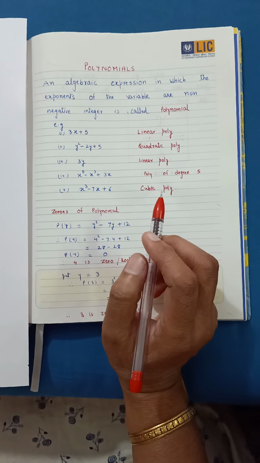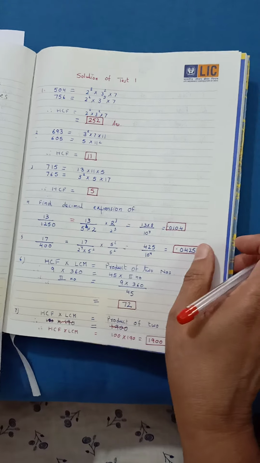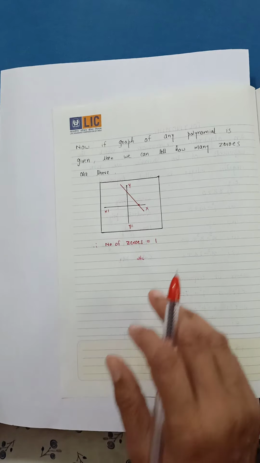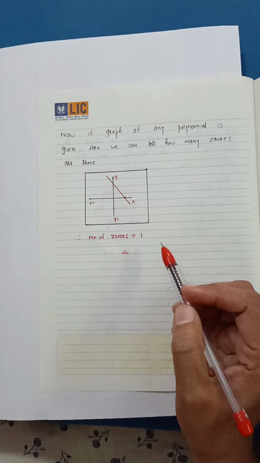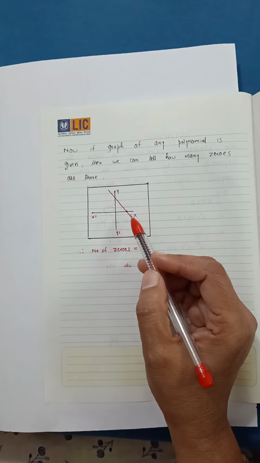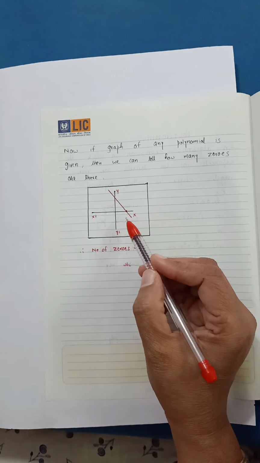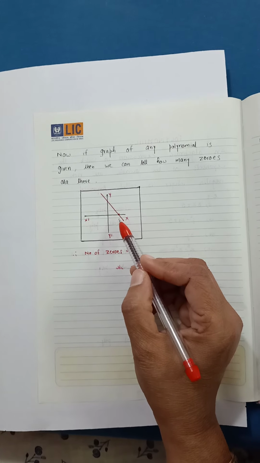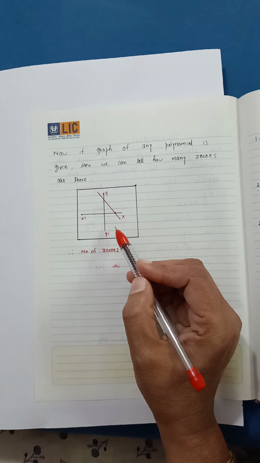Now, if I represent a polynomial on a graph and wish to find how many zeros there are, check at how many points the graph is intersecting the x-axis. Here the graph is intersecting at only one point, so the given polynomial has only 1 zero.